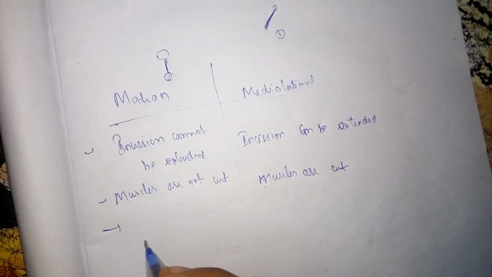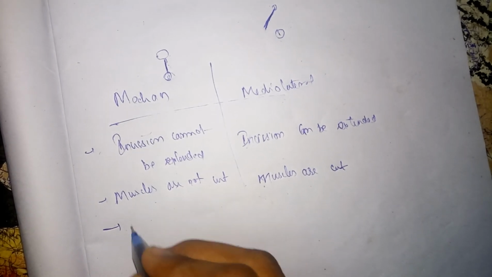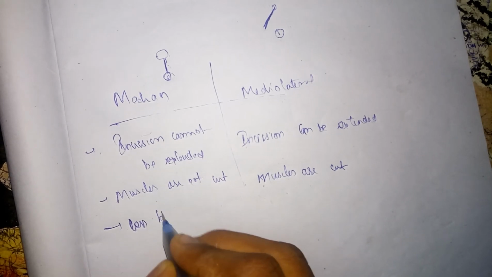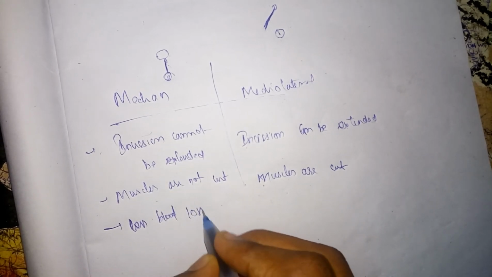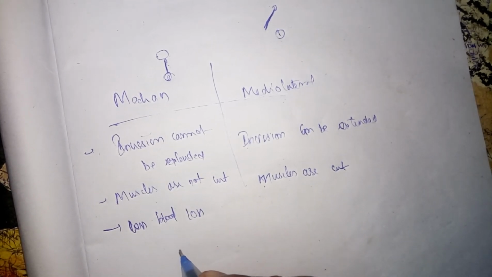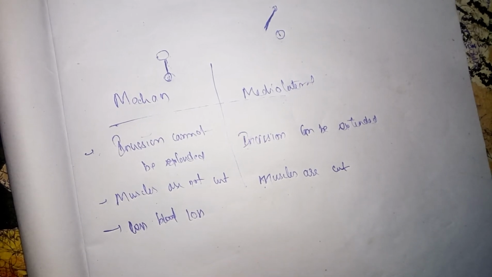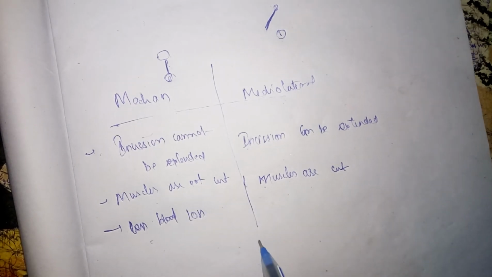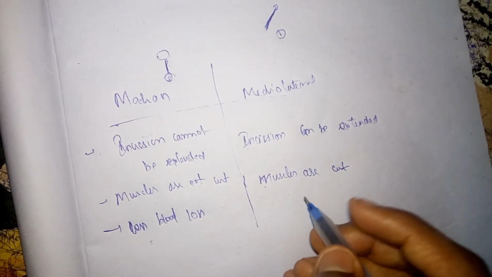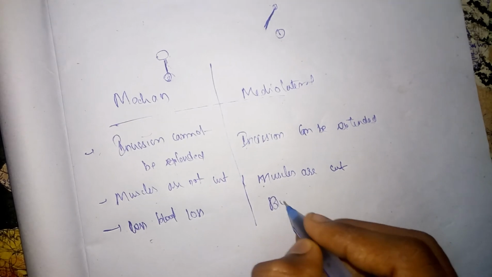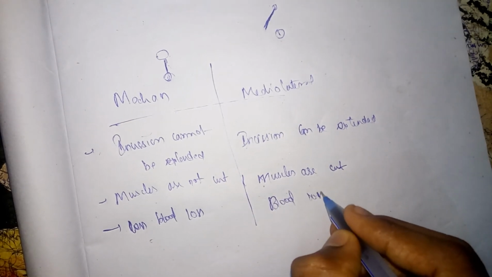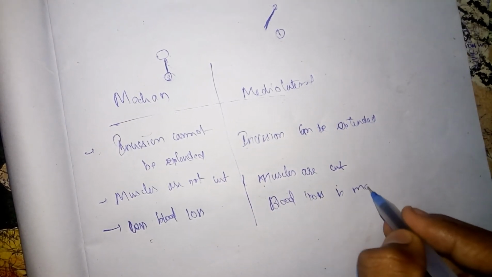There will be less blood loss in median episiotomy because only superficial structures are injured. It is not so deep that it injures blood vessels. Whereas in mediolateral, blood loss is more.